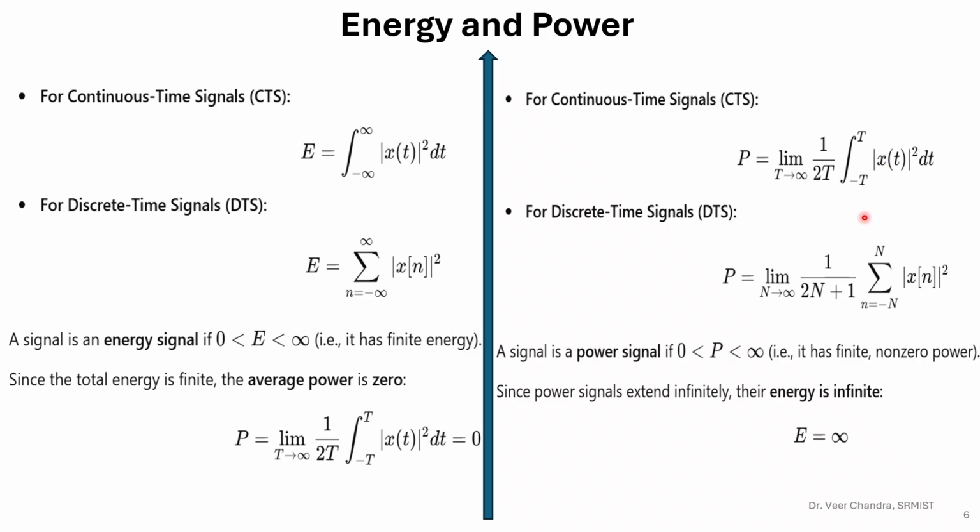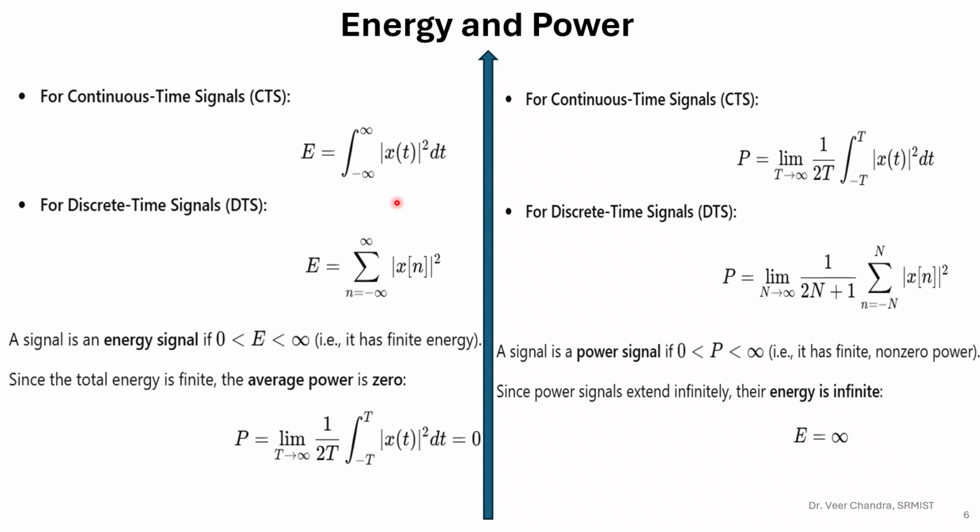So calculate 1 by 2T times the integral and check whether the power is finite. If power is finite, that is called a power signal, and in that case the energy will be infinite. So very simple: if power is finite, it is called a power signal, and if energy is finite, it is called an energy signal. And how do you calculate energy and power for any x(t)?